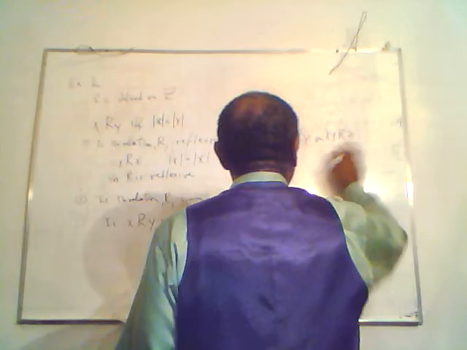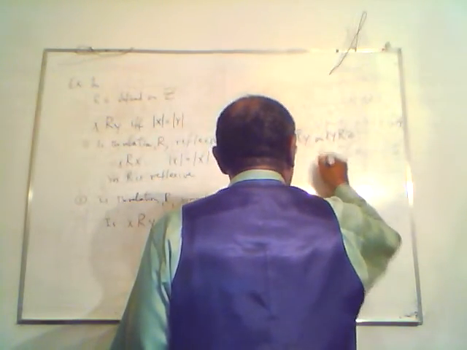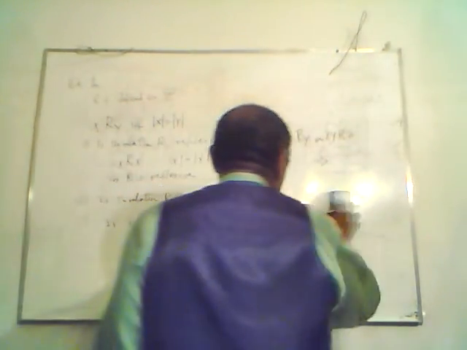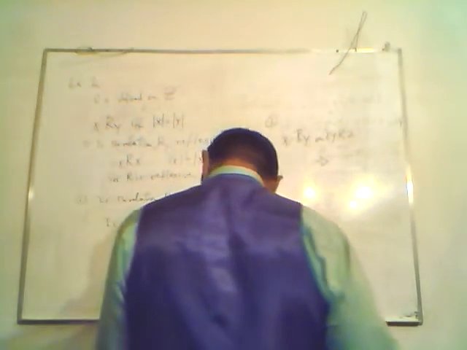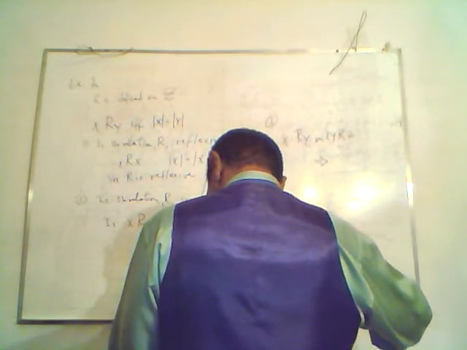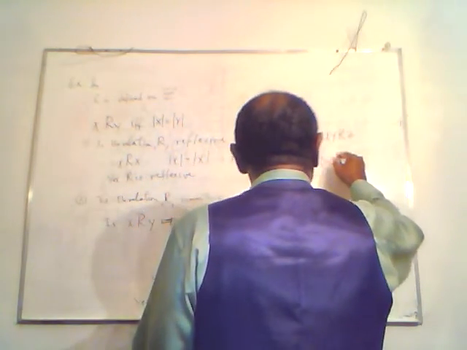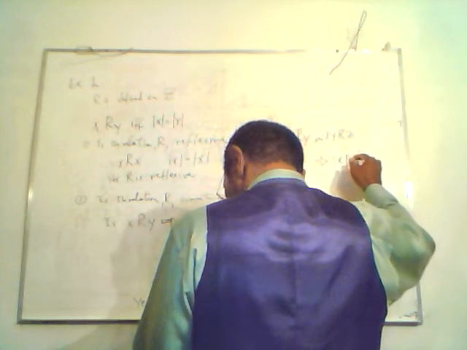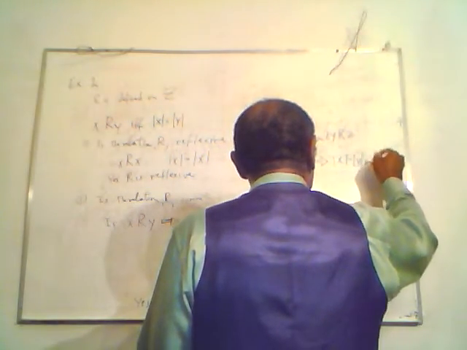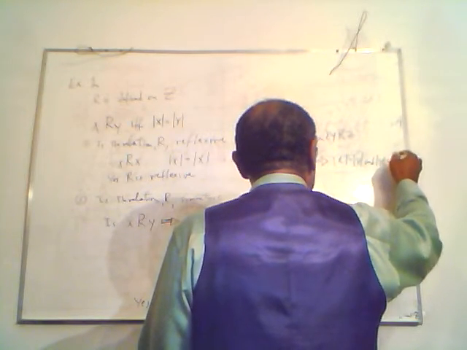And both of these imply that the absolute value of X equals absolute value of Y and absolute value of Y equals absolute value of Z.